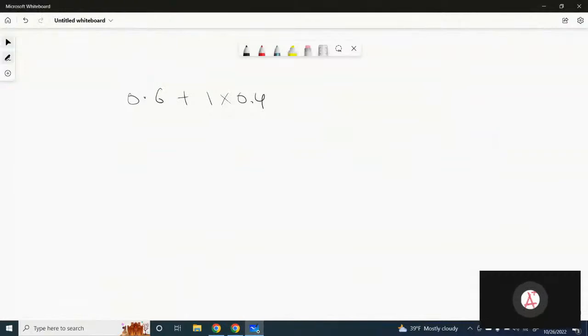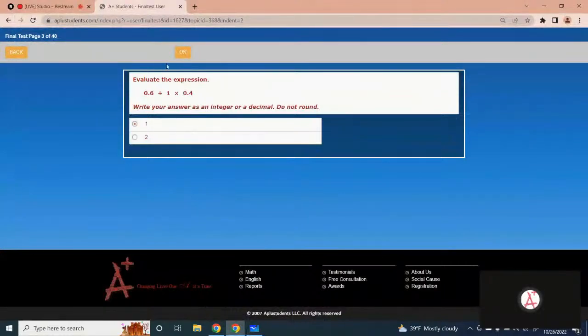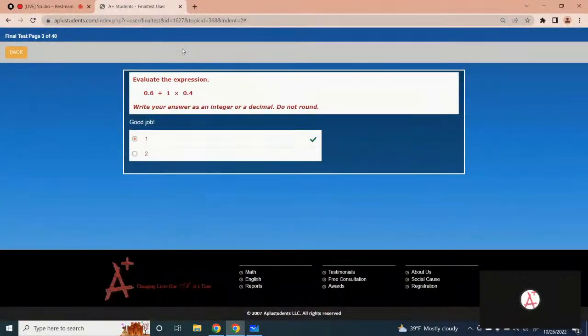Multiplication has the highest priority, so first you have to multiply them. Got it? So 1 times 0.4 is 0.4, then you have to add them, and it would be 1.0. So the correct option is 1.0. Just select the correct option and then click on the OK button.